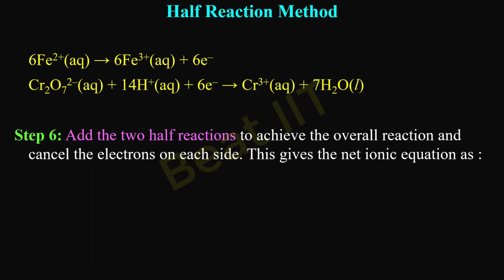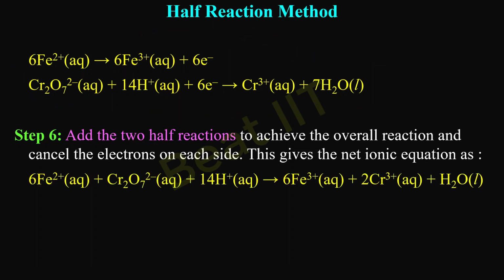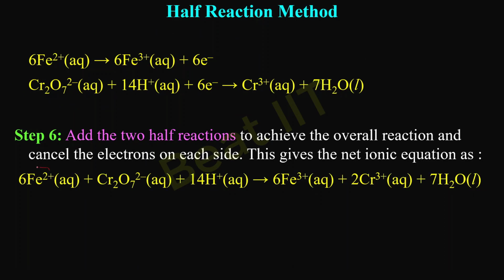So we got these 2 reactions after equating the electrons. Add these 2 and we will get the final balanced equation. You have 6 iron here, you have 6 iron here, you have 2 chromium, you have 2 chromium, you have 7 oxygen, you have 7 oxygens, you have 14 hydrogens, you have 14 hydrogens. Everything is balanced, and that is the answer.